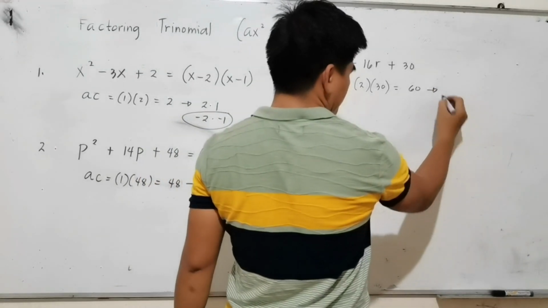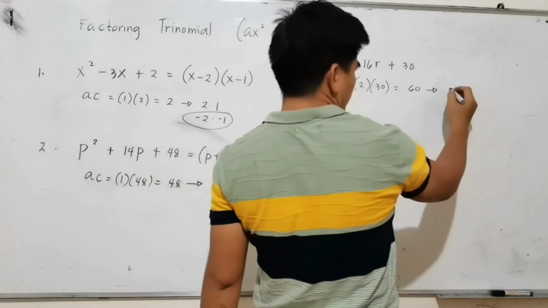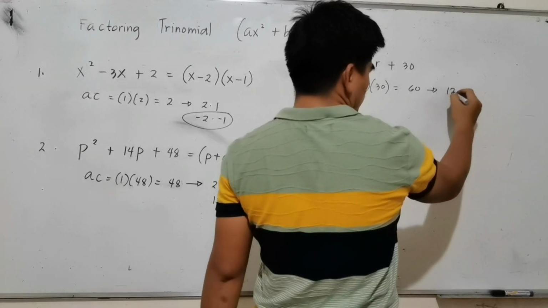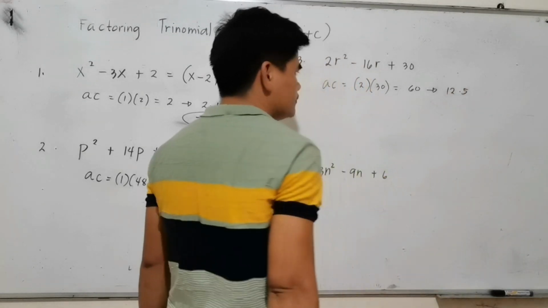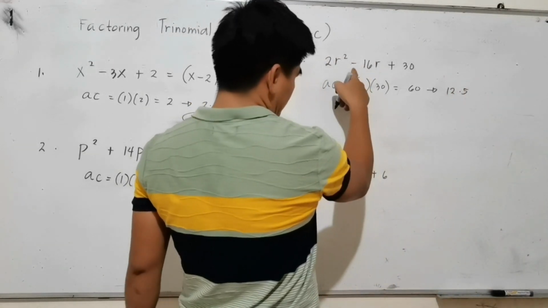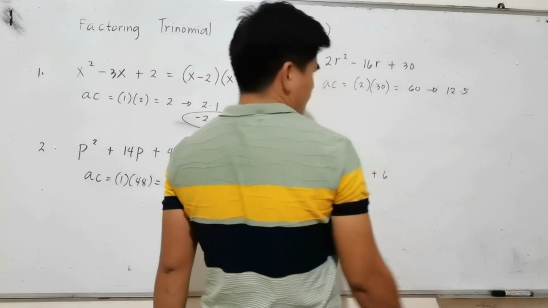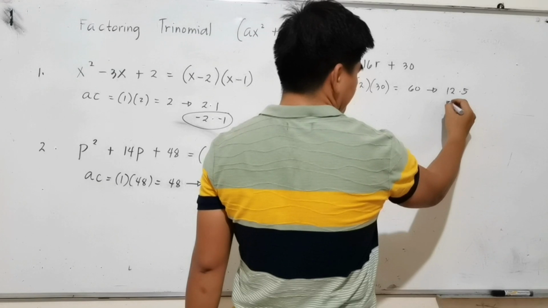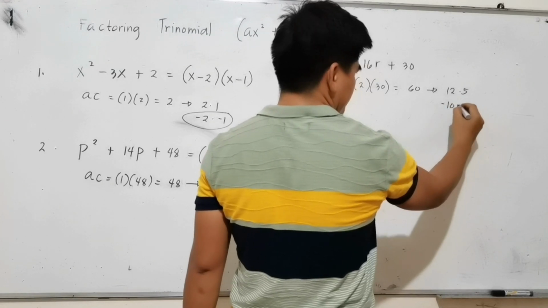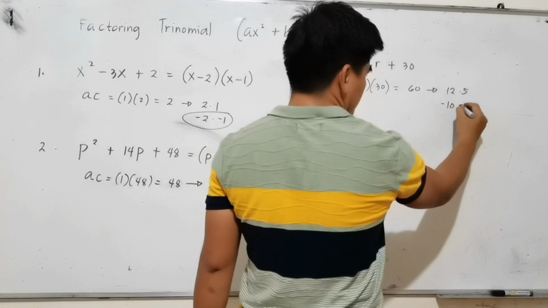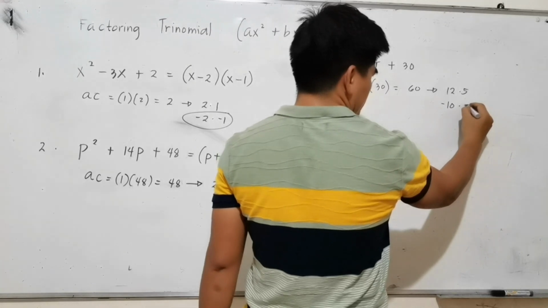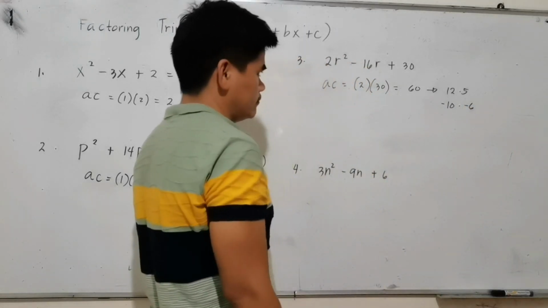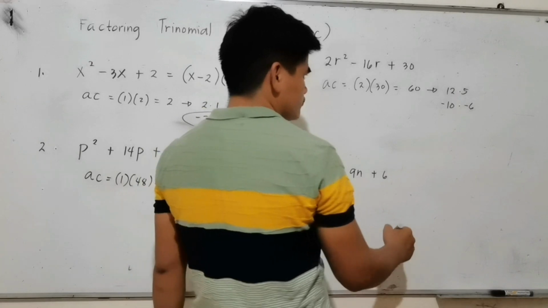60 can be, we have 12 times 5. Okay? But this is negative. One must be negative because the middle term is negative. So we have negative 10 times negative 6. Okay?